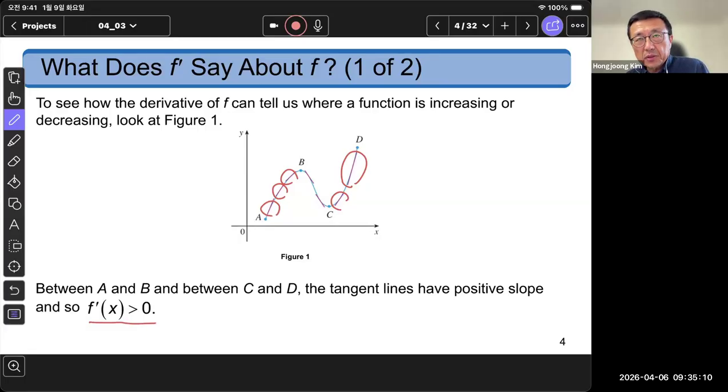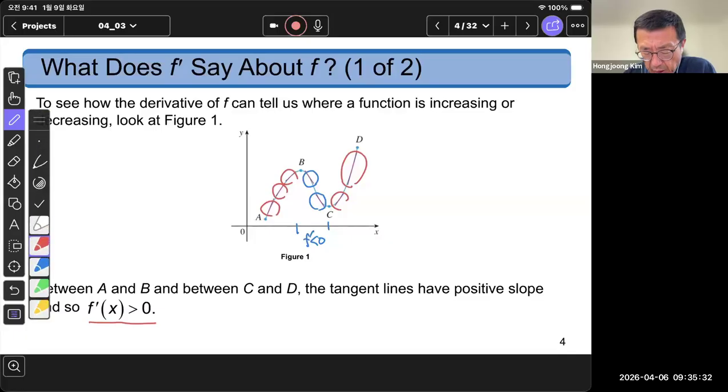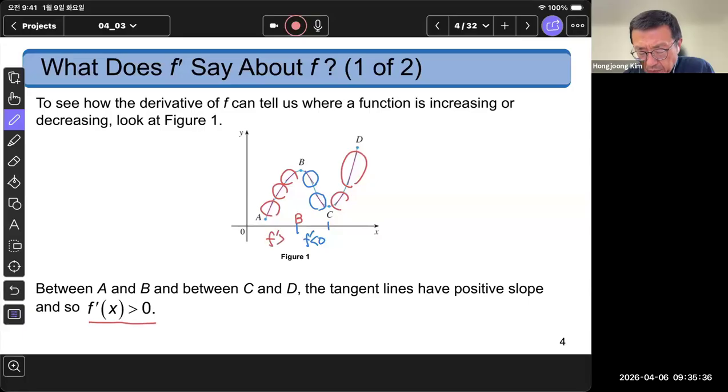Then how about B and C? If we look at the tangent lines between B and C, the tangent lines have negative slope. So between B and C, f prime is negative, and between A and B, f prime is positive, or between C and D, f prime is positive.